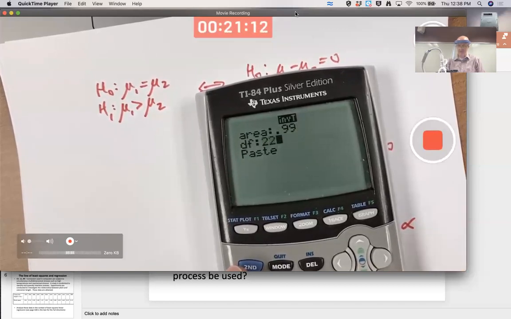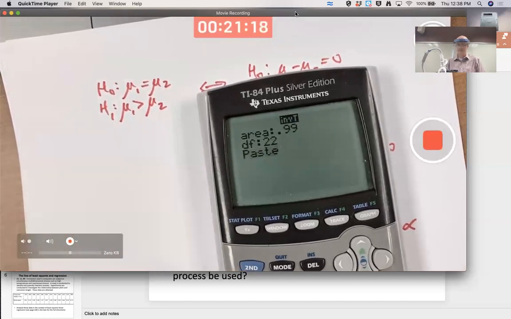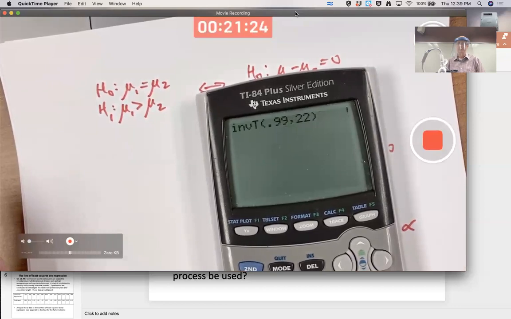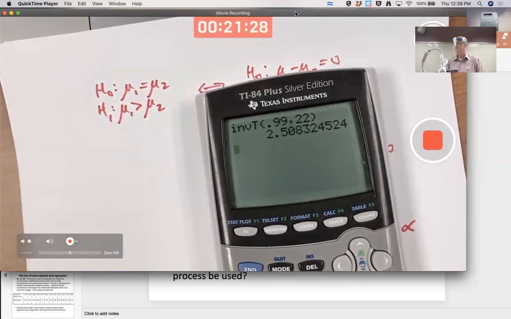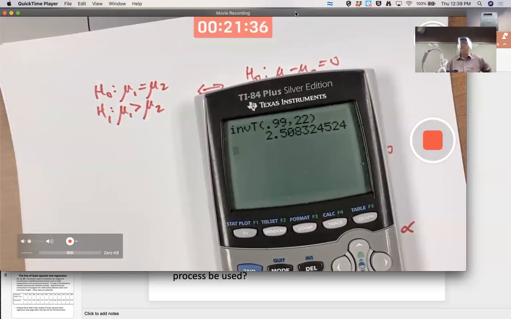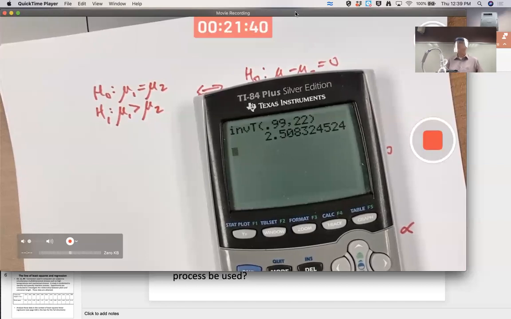Degrees of freedom, if we use 22, this is going to give us the boundary of the rejection region in terms of T. It's going to be something smaller than 3.16. About 2.5. So any T statistic bigger than this, 2.51, would lead to rejection in this context at the 1% level of significance.